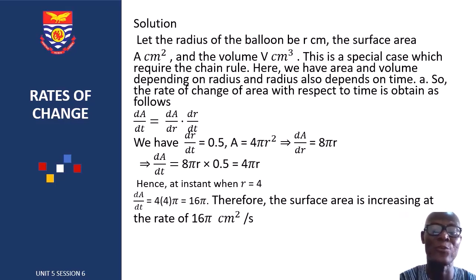At the instant when r is equal to 4, we substitute 4 into dA over dt, which gives 4 times 4 pi, which is equal to 16 pi. We can therefore say that the surface area is increasing at the rate of 16 pi centimeters squared per second.